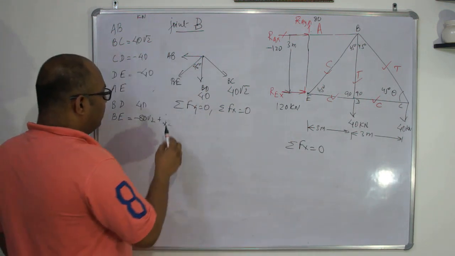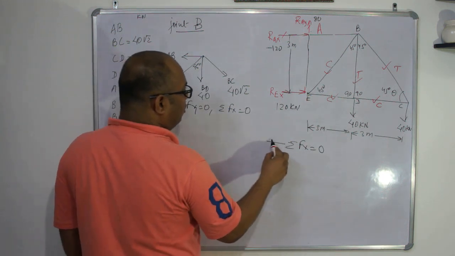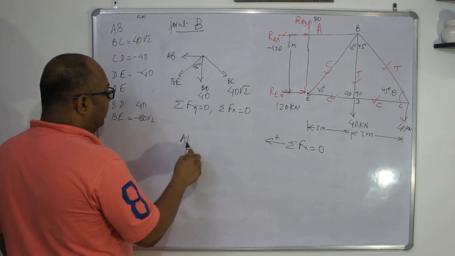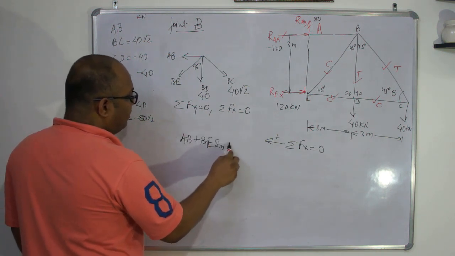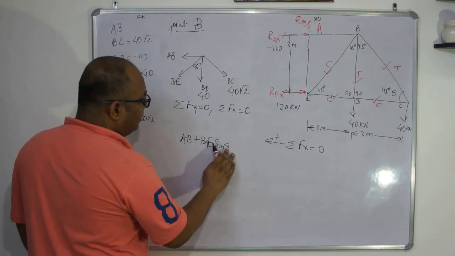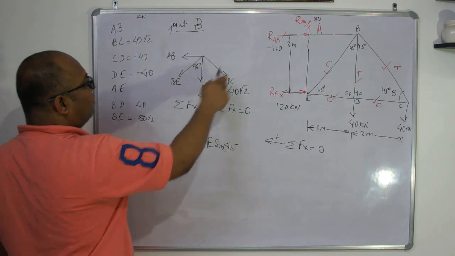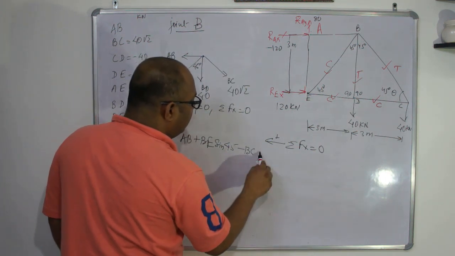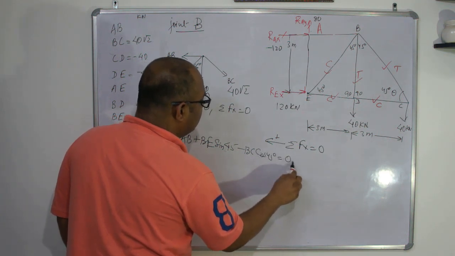So we will get, assuming this direction as positive, AB plus BE sin 45 minus BC cos 45 degree equals to 0.